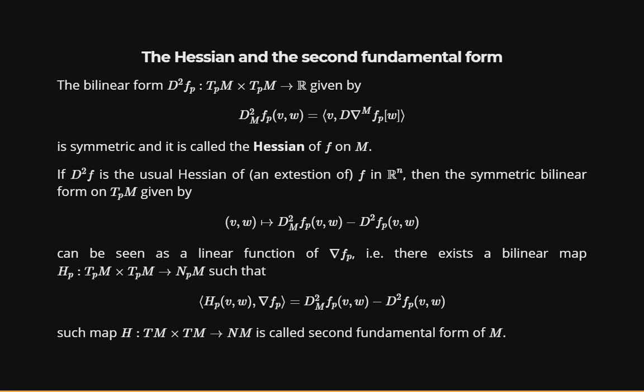Now, the last thing. You could compare the Hessian of f to the Hessian of an extension. It doesn't work as before. It's not just the projection. There is a difference between the two, and the difference is how much the manifold curves. The difference is a linear function of the gradient, and as a linear function it is a bilinear map from the tangent space times the tangent space to the normal space.